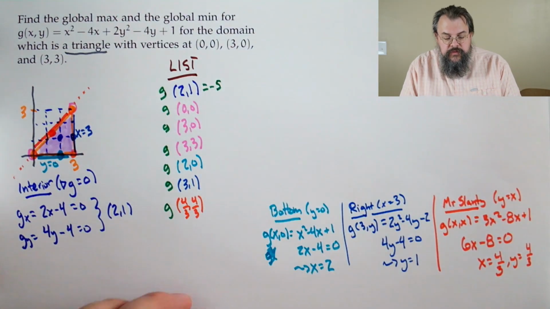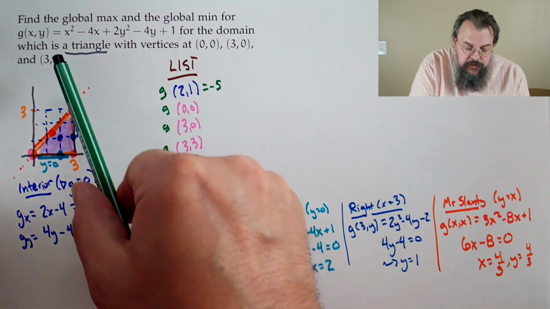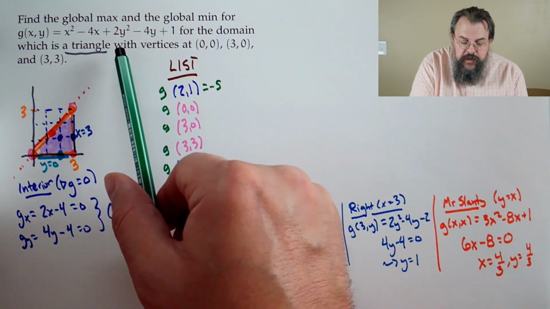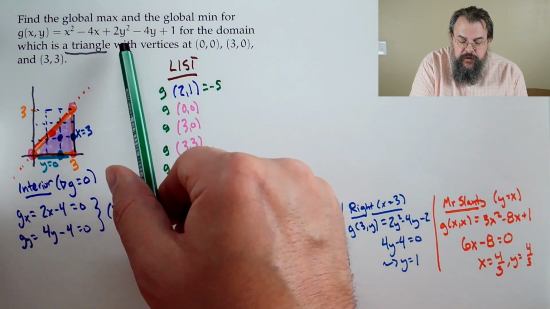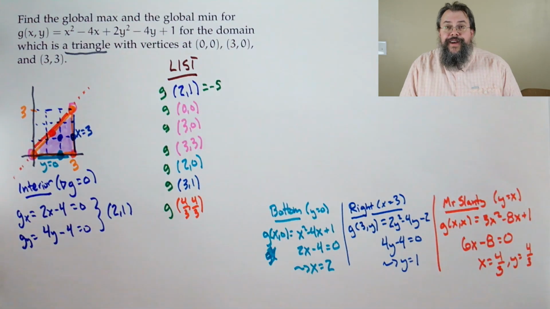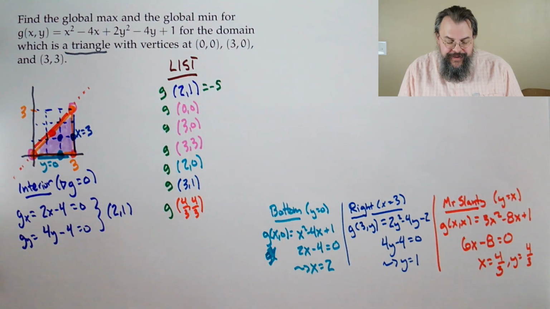Okay, double check: 4 minus 8 is negative 4, plus 2 is minus 2, minus 4 is minus 6, plus 1 is minus 5. Yeah, I feel good about that answer.